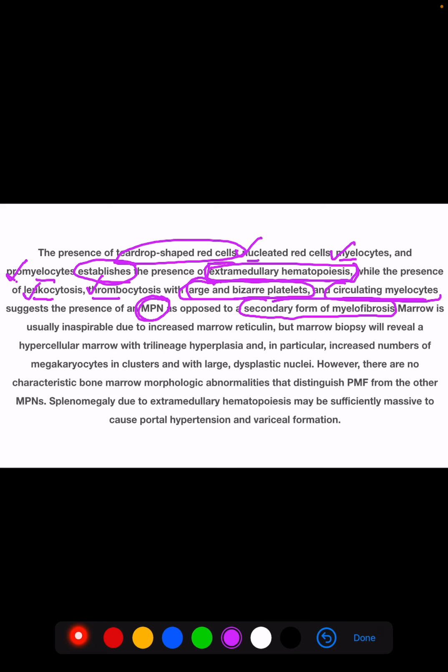What happens to the marrow? It is inaspirable due to increased marrow reticulin.